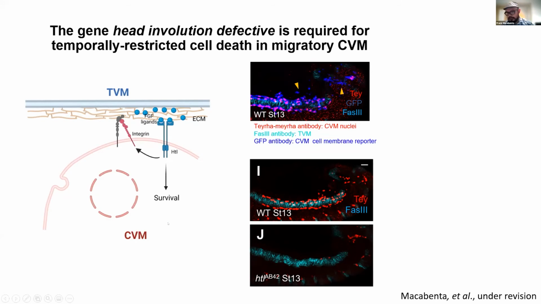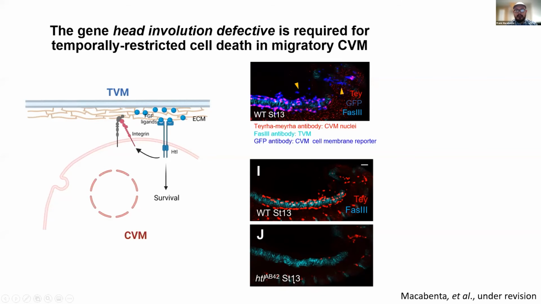And to investigate these questions further, I used an antibody against Tinman, or Tin, which allows me to label the CVM nuclei. And Tin is actually a really useful metric for assessing cell survival because, as you can see, when looking at an embryo that has been stained against Tin, as well as this GFP reporter that allows us to visualize the CVM cell membranes, Tin signal is absent in cells that have extruded from the rest of the CVM cohort and undergo cell death.